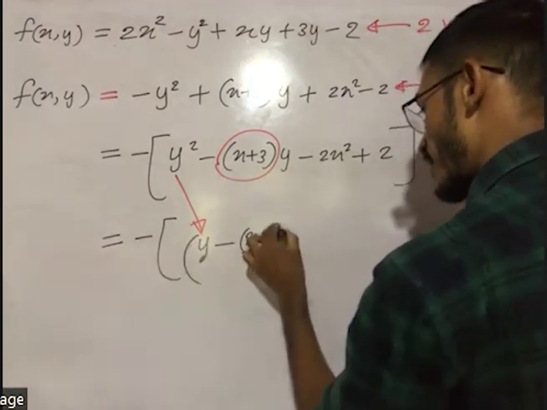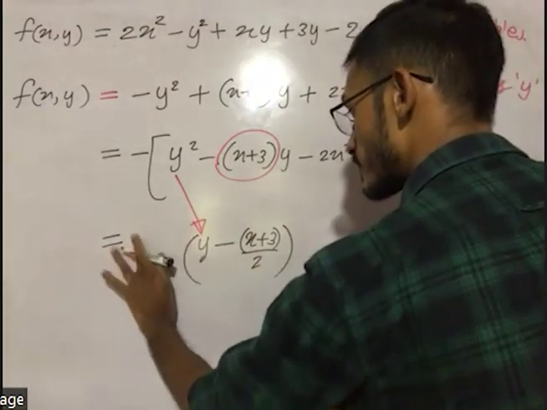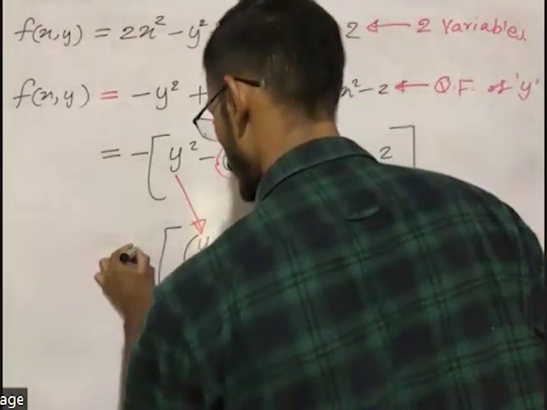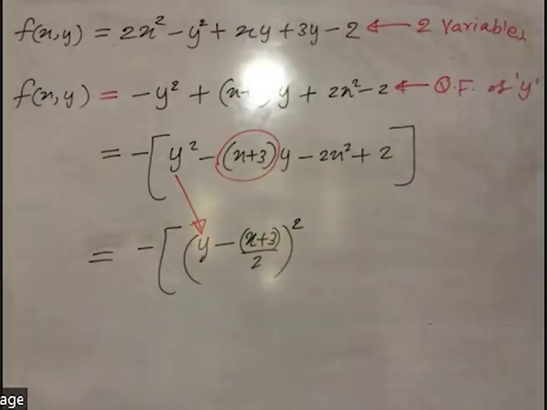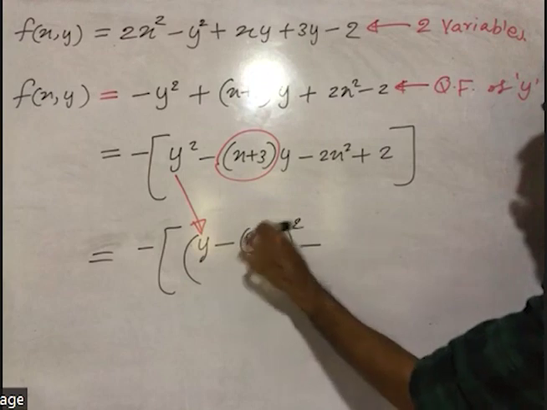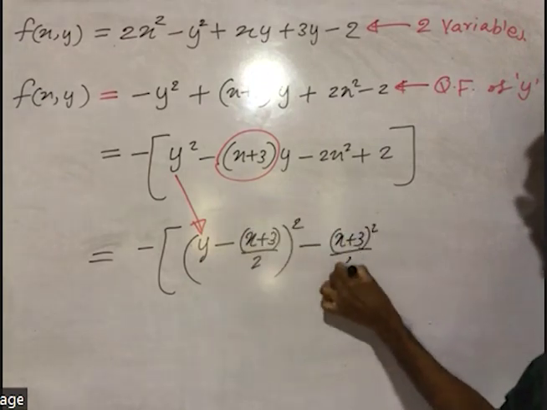Then take the square of the whole thing. Then a negative, write the square of this constant, (x + 3)²/4.